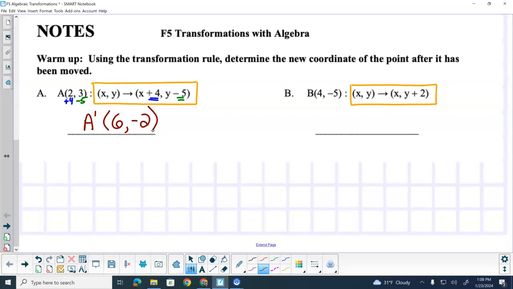Okay? What's it saying we have to do with the Y? Add 2. So in this one, we just have to add 2 to the Y part. Okay? So where's B prime?